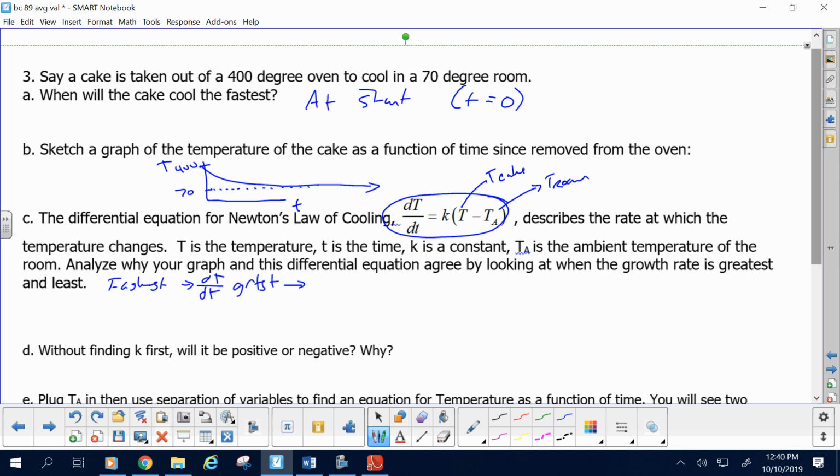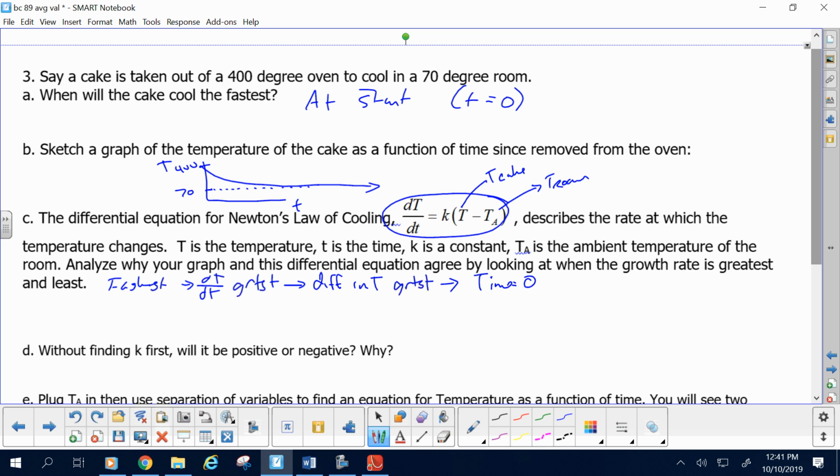If this is great, then that means this is great. When is this great? At the start, when this difference is as big as possible. So the rate of change would be greatest when the difference in temperature is greatest. And surely that would be at time 0, because that's before the cake has started to cool, yeah?